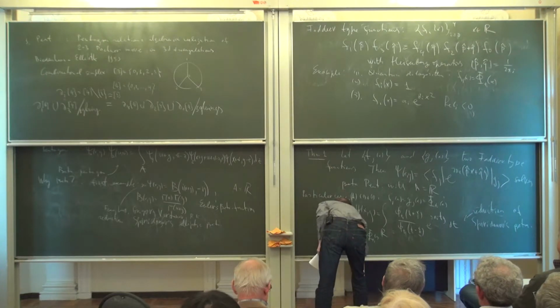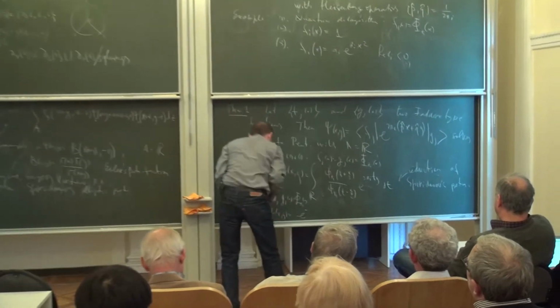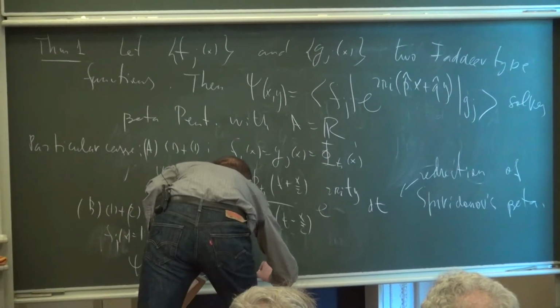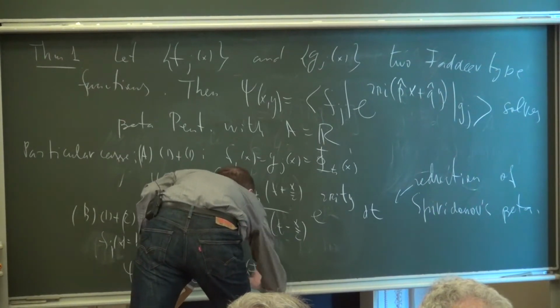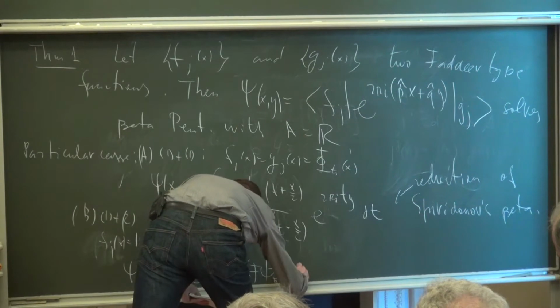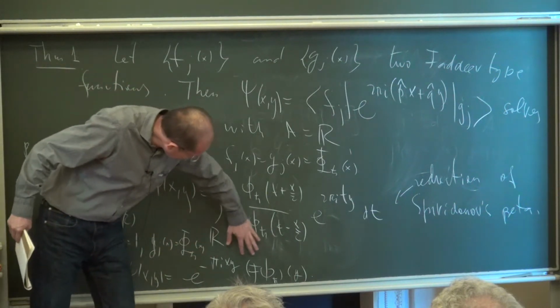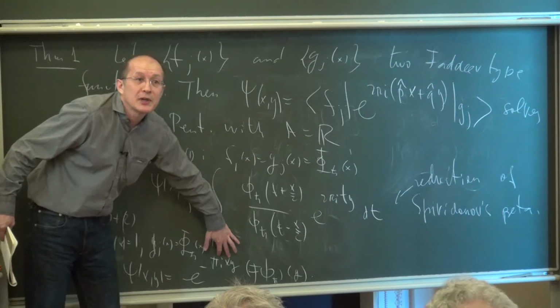Then psi of x, y is e to the minus pi i x y times the Fourier transform of Faddeev of y. So you see in this case the dependence on the first variable is very explicit.